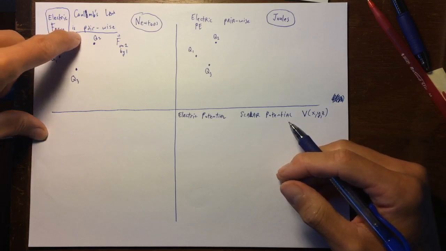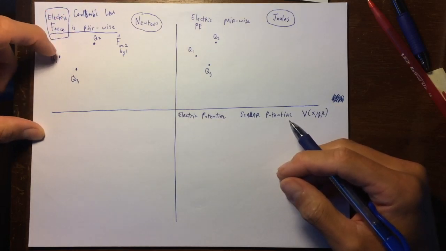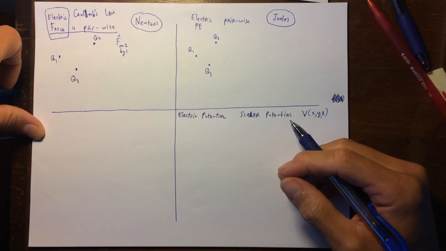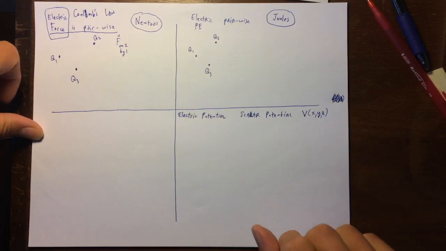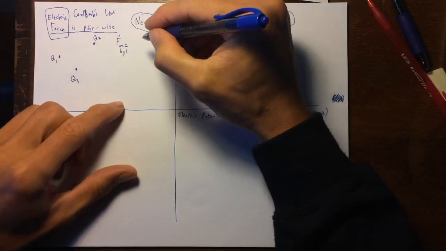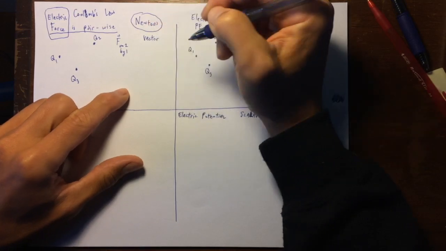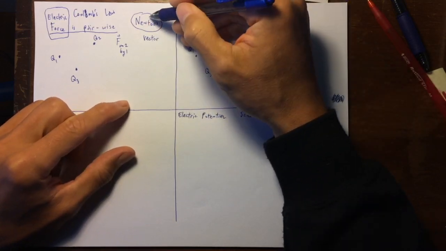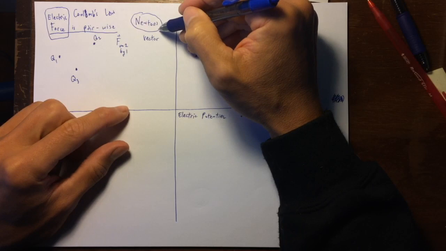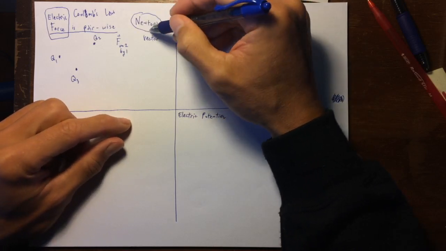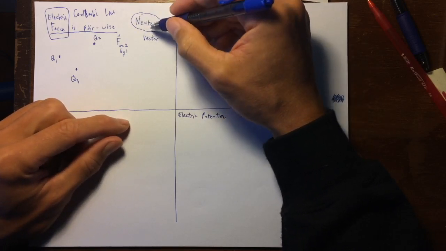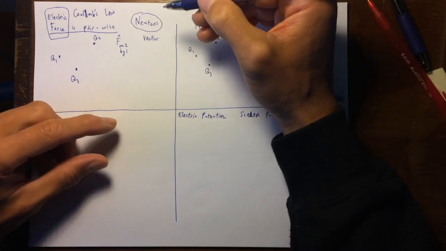It's the pairwise interaction forces between two electric charges with some separation distance. This gives rise to a force vector, and if you plug in some SI units to calculate it, it's going to come back with units of newtons, for example.